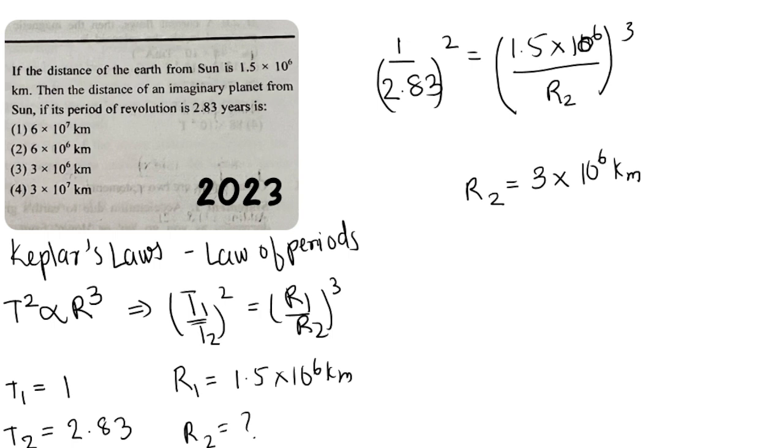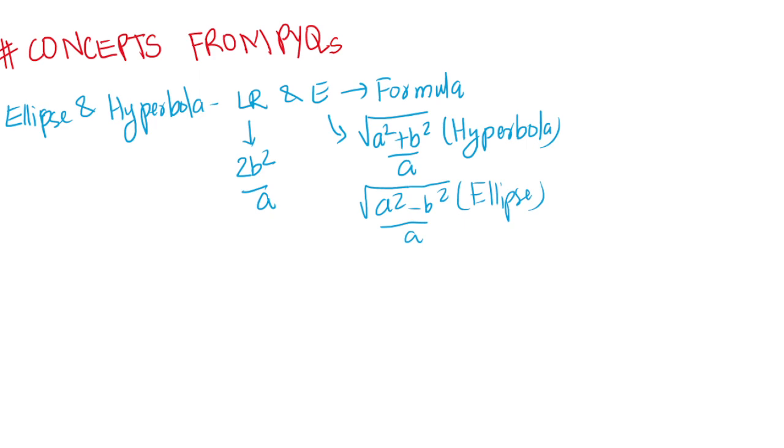So in this question, the concept that we have learned is from the gravitation chapter, which is about Kepler's laws. There are three laws of Kepler. The first law is the law of orbits.